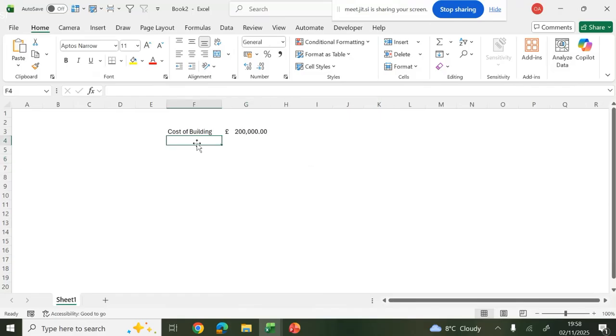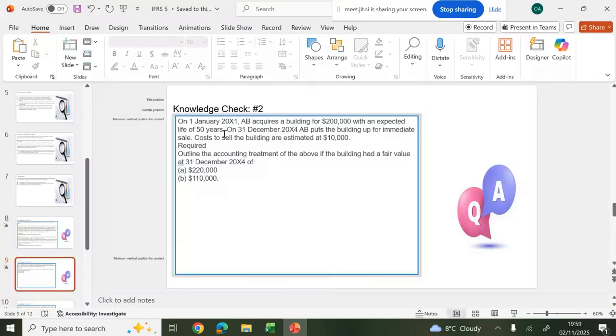So the building costs 200,000, and the useful life is 50 years. The first thing we want to look at is at what point in time as at 1st of January 2021 AB acquired the building. It was acquired in 2021. Date of acquisition.